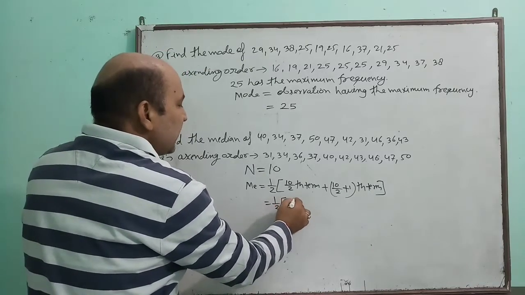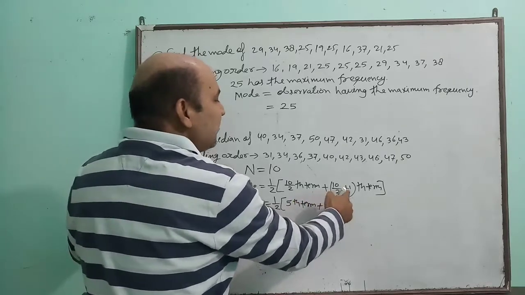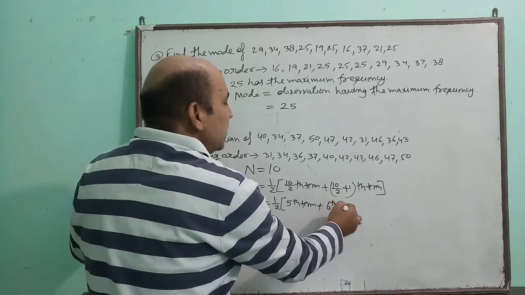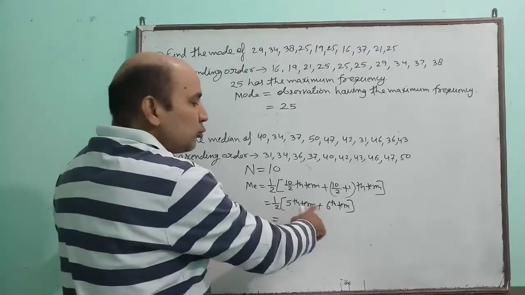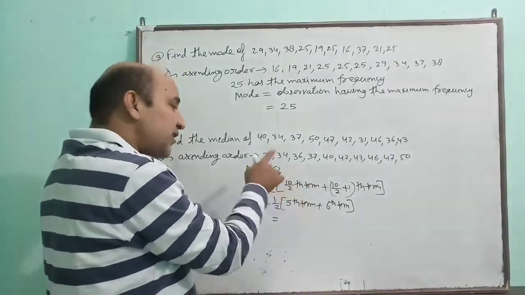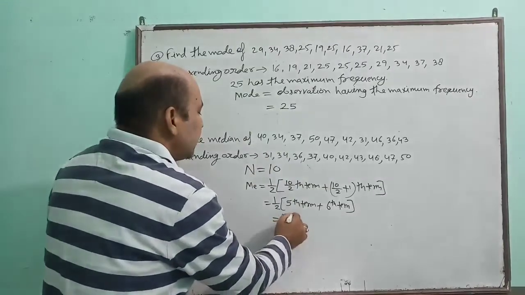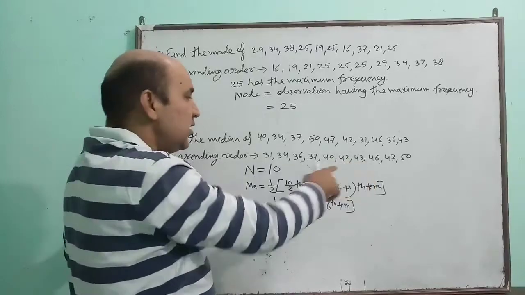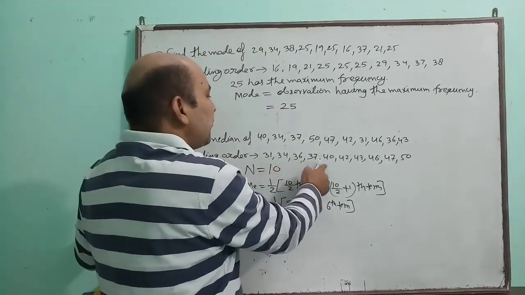Now 10 by 2 means 5. So the 5th term plus 5 plus 1. 10 by 2 means 5. 5 plus 1 means the 6th term. Children, be careful. We are not going to add 5 and 6. We will write the 5th term and 6th term, then we will add. In our observations which we have arranged in ascending order, see what are the 5th and 6th. 1, 2, 3, 4, 5.